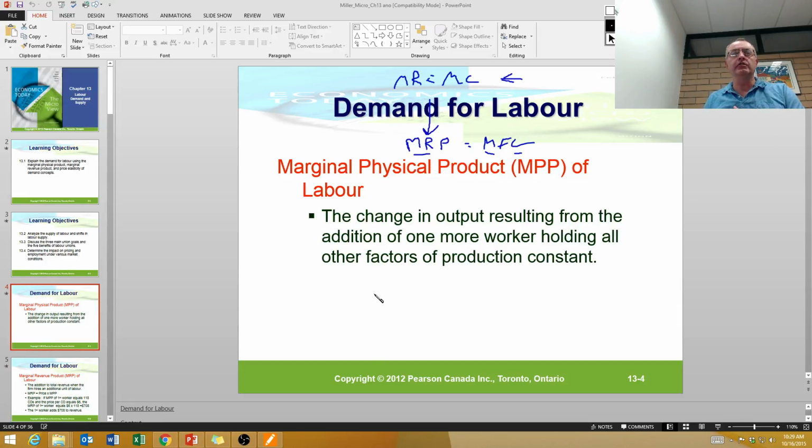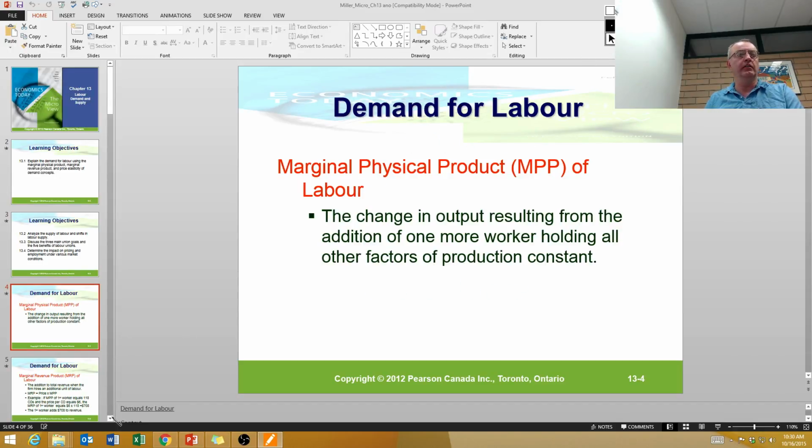So what we're going to see is that the marginal revenue product is simply a formula of the output product price multiplied by the marginal physical product. And the marginal physical product is the additional quantity of output the firm can produce by hiring one additional unit of input. And of course, the input in this example in the chapter is labor.